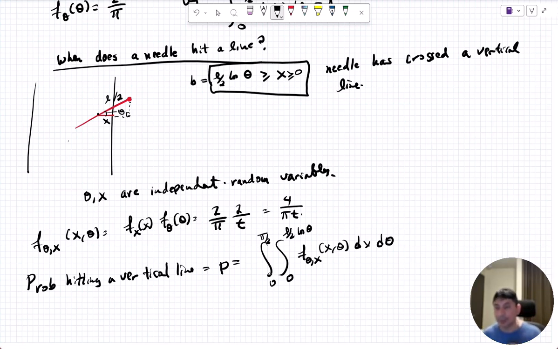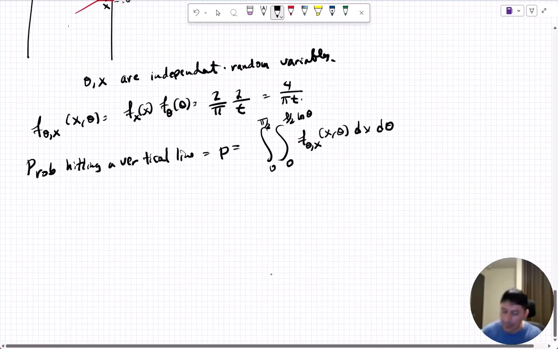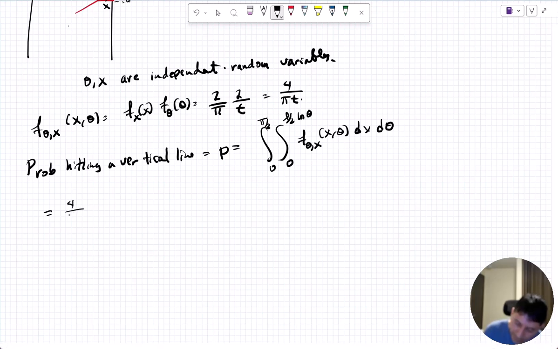So we get that double integral for that probability. And so this is equal to 4 over pi t times the integral from 0 to pi over 2, integral from 0 to L over 2 cosine of theta, 1 in this case, dx d theta, because that probability density function of the random variables is a constant.